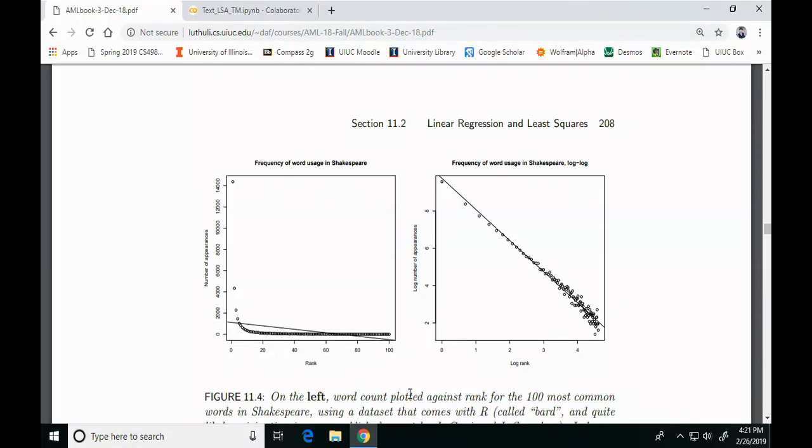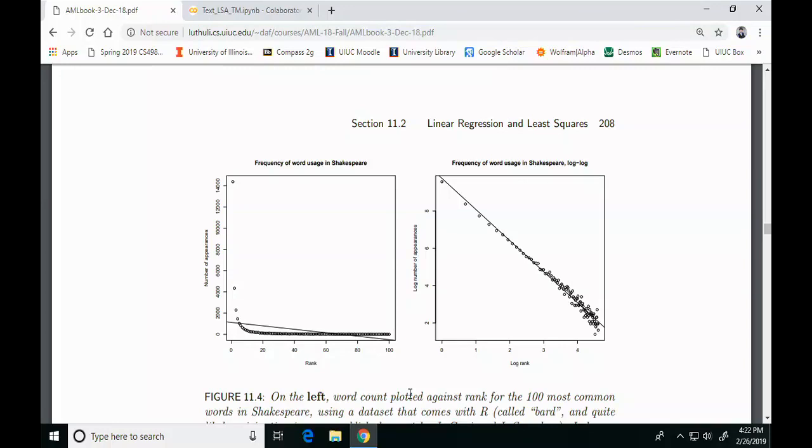So this is just like the sort of thing that we drew for the book text, where it's the frequency of terms versus the rank of the terms. If you tried to fit this, it would be a really hard thing to fit. It's not linear in any way.